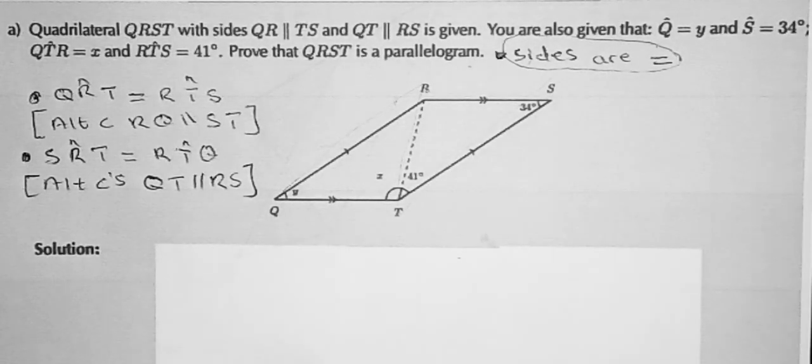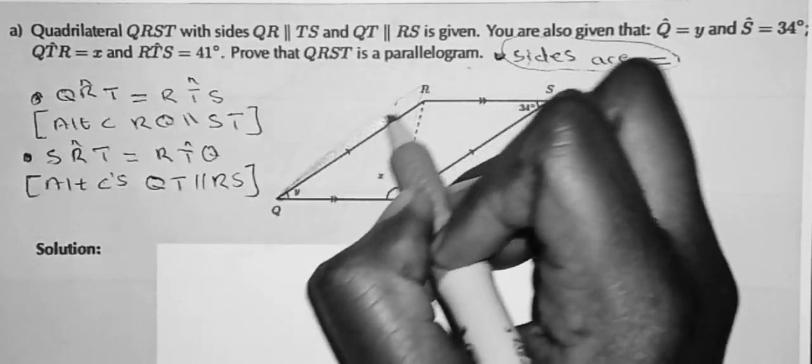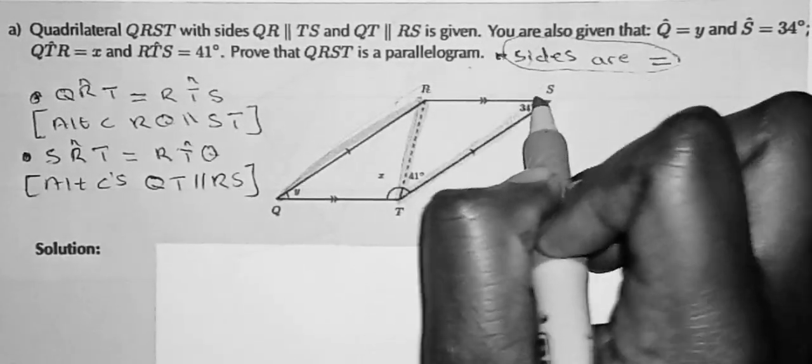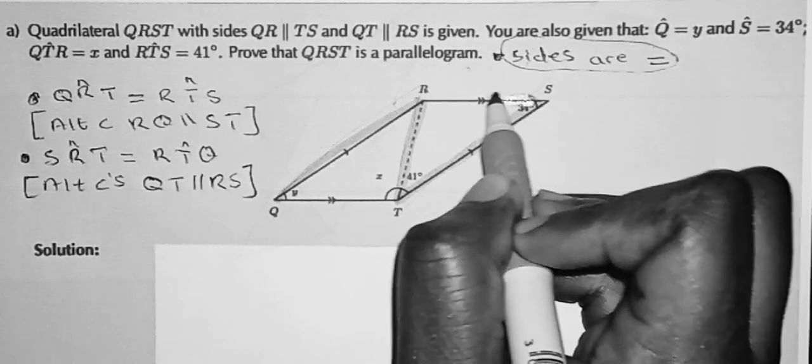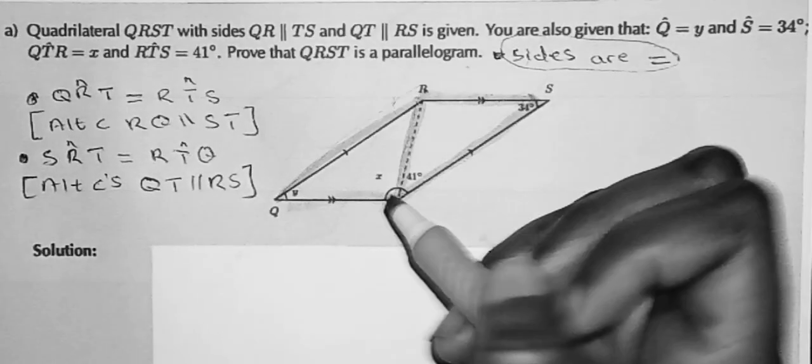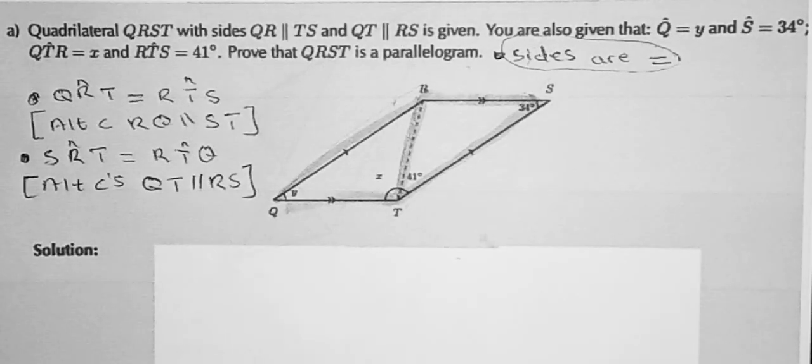So I can see here an alternate angle. This is our alternate angle, and another alternate angle, which is this one. We have written our given information, which are our alternate angles.